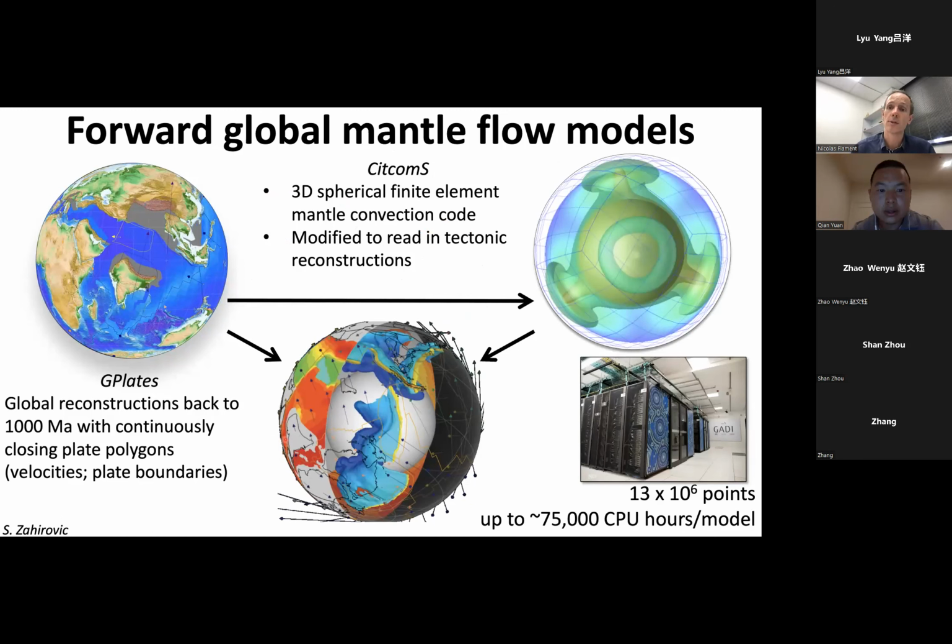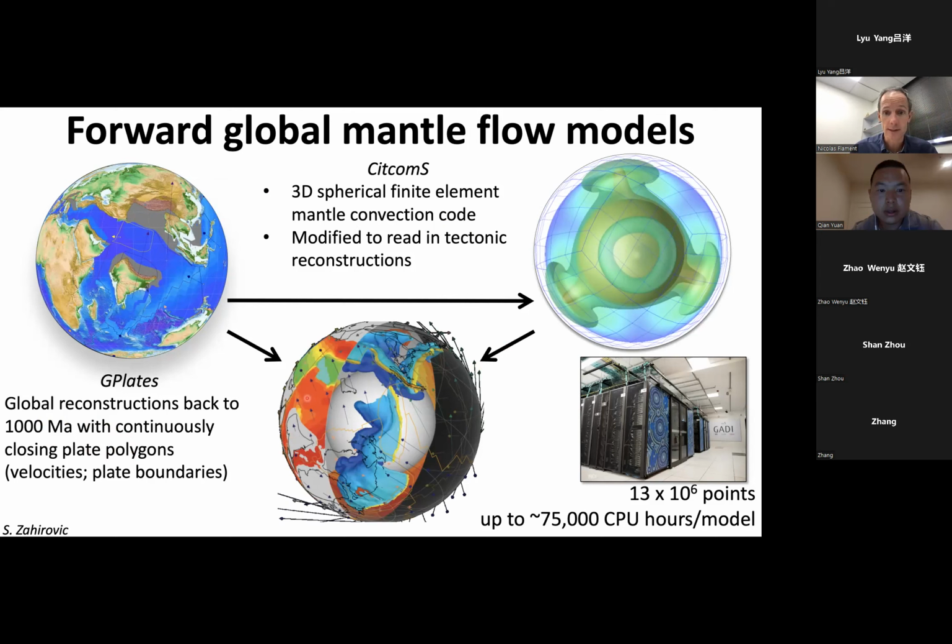We used convection models that have been modified to read in tectonic reconstructions at the surface. These models are driven from the top, and it's important to keep that in mind as we look at the results. At the top, we use the velocities, and we have the velocities because the plates close continuously. Then we also make maps of the age of the seafloor back in time.